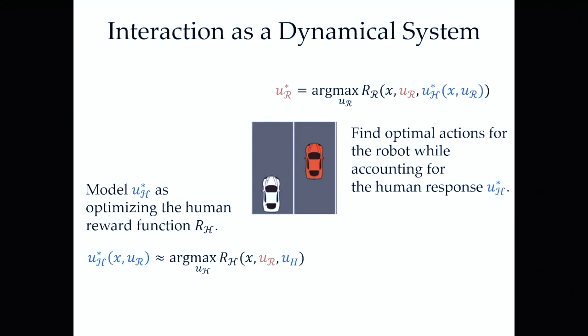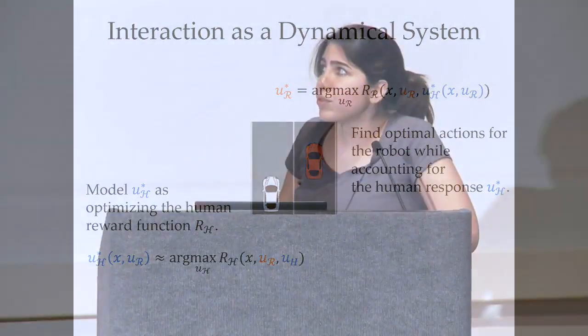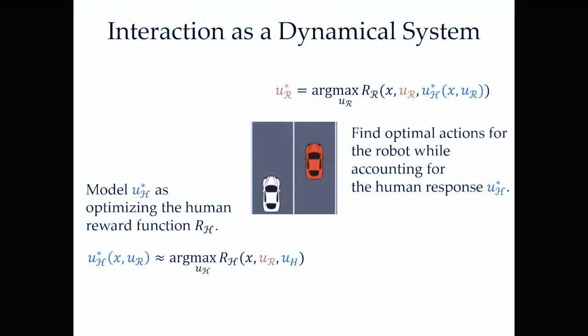So for example, you want to plan for the autonomous car. You want to figure out what should be the actions of the orange car. How should we do that? Well, one way is maybe assuming that the policy of the autonomous car, u_R star, is a maximizer of some reward function. Well, what should be that reward function? How are we going to encode safety in that reward function?